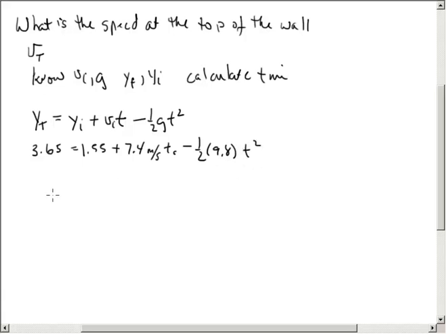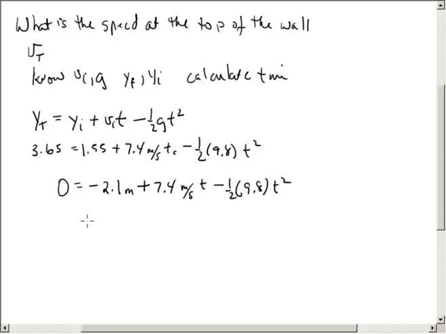We can set this up as a quadratic equation in time, and we will have 0 equal minus 2.1 plus 7.4 meters per second times time minus 1/2 times 9.8 time squared.